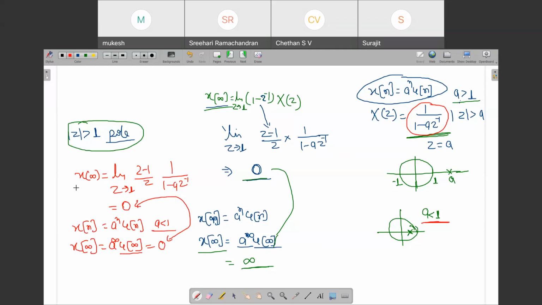Whether you calculate through the final value theorem or in the time domain, both are the same. But for the previous case, when you calculated with the final value theorem, you got a different answer than in the time domain calculation. We should have got this answer, but we are getting that answer, and the reason is the pole is outside the z equal to 1 circle. Is it clear?